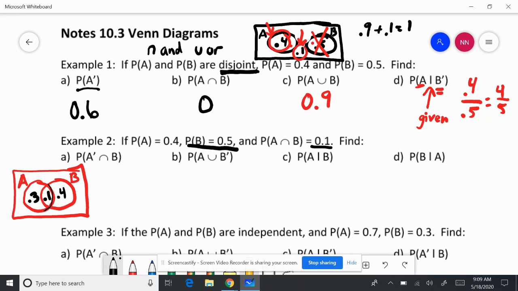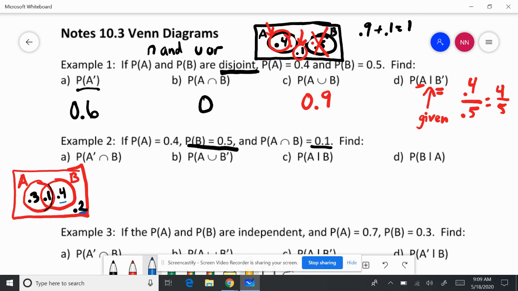Now, on the outside, remember all the probabilities in our universal set, that's our whole box, have to add up to 1. 0.3 plus 0.1 plus 0.4 gives us 0.8, so our outside is 0.2. Now we're going to find our probabilities. This is not A and B. So it has to be not A. Not A would include this probability and this probability.